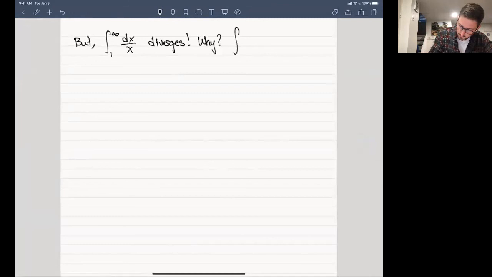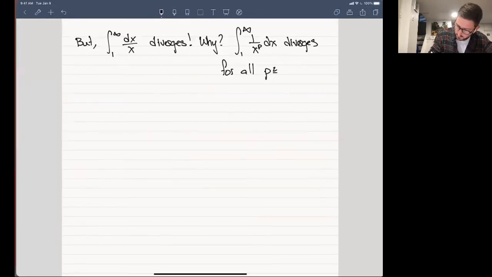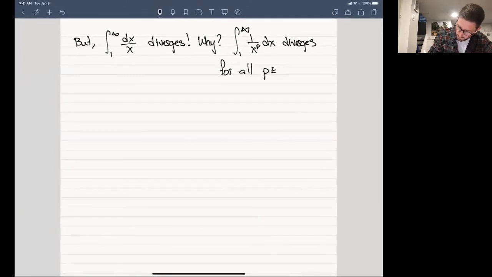Well, we know that the integral from 1 to infinity of 1 over x to the p dx diverges for all p less than or equal to 1. We proved that 2 videos ago. So therefore, our integral that we were interested in, (1 minus e to the minus x) over x dx, diverges.